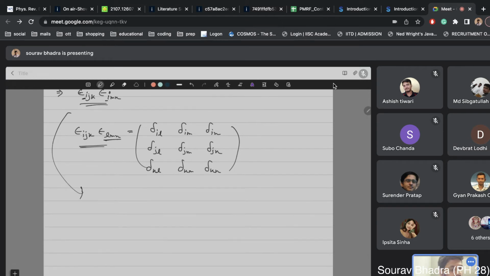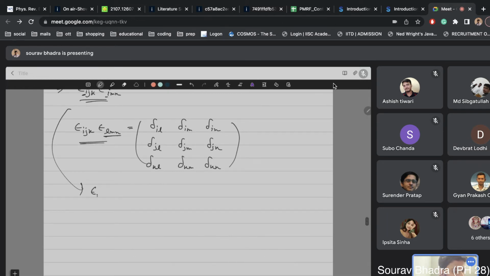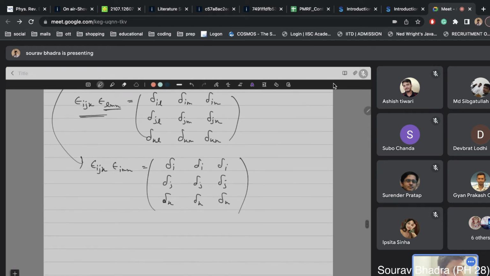Now we will write the same thing with the same first index, delta i, imn.